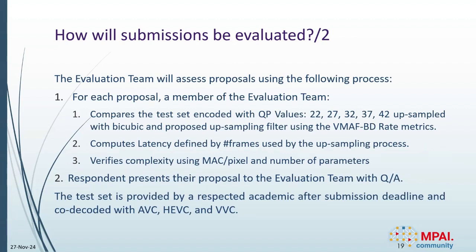This member will compare the test set encoded with QP values 22, 27, 32, 37, 42, upsampled with bicubic and upsampled with the proposed upsampling filter, using the VMAF BD-rate metric. The same member will compute the latency, which is defined by the number of frames used by the upsampling process, and will also verify the complexity using MAC per pixel and number of parameters.